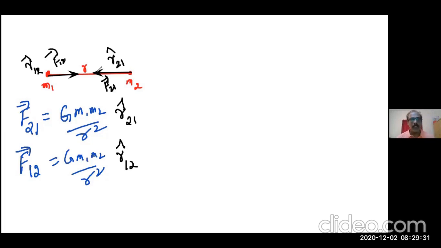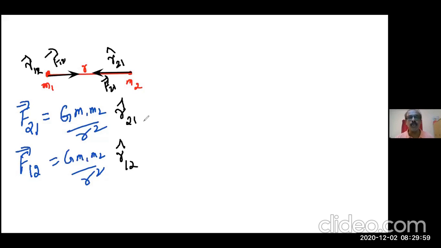Which direction is 1 going? Towards 2, that's the direction 1 to 2. Vice versa, the force acting on 2 by 1, which direction does 2 move?